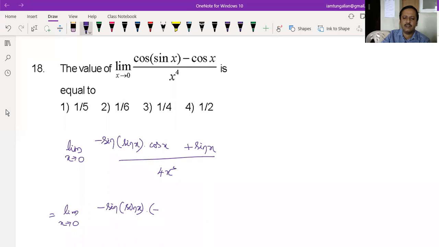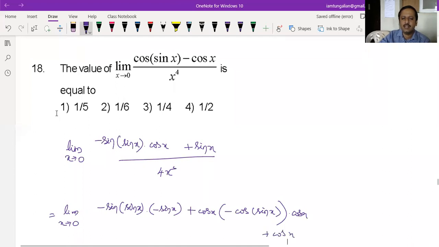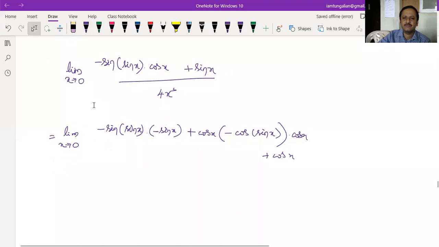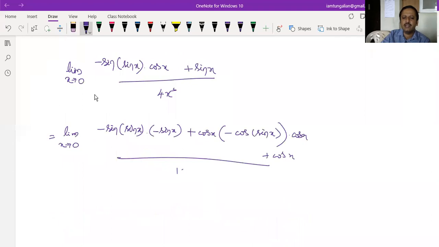Minus sin(sin x) into derivative of cos x, which is minus sin x, plus cos x into derivative of minus sin(sin x), which is minus cos(sin x) into cos x, plus cos x, divided by 12x square. Now, if I apply the limit, this will be 0. Here we are going to get sin 0, 0, cos 0 is 1, minus 1, 1, minus 1. This will be plus 1. Still 0 by 0. Now, differentiating this is not that easy. It is very complicated.